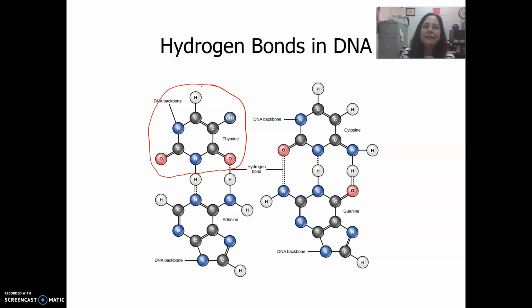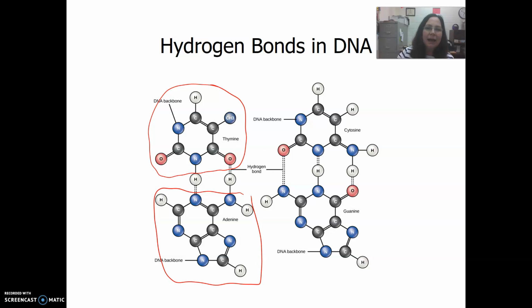And DNA is deoxyribonucleic acid, but it is composed of nucleotides. Nucleotides are kind of like the building blocks of DNA. So in the DNA chain, the thymine is bonded to an adenine nucleotide. So thymine and adenine are nucleotides, and they are bonded to each other by hydrogen bonding.